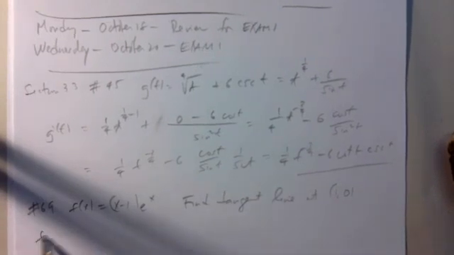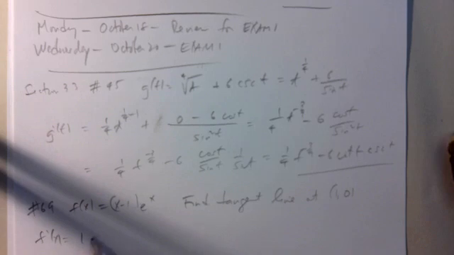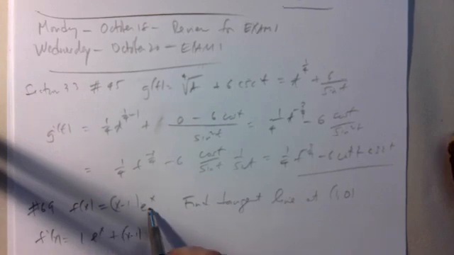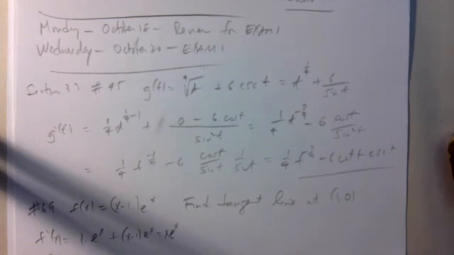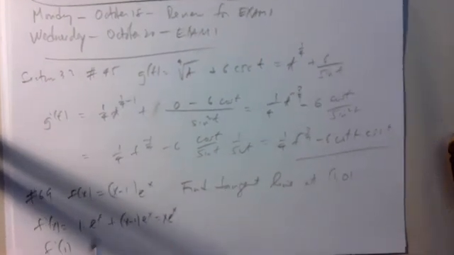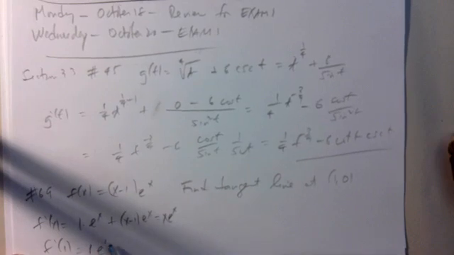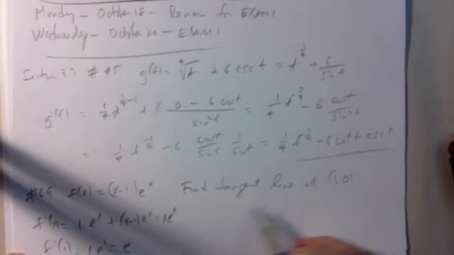So we need to find the derivative of this function. We use the product rule. The derivative of x minus 1 is 1 times e to the x, plus x minus 1 times the derivative of e to the x, which is e to the x. So this is equal to e to the x plus x e to the x minus e to the x. So we're left with just x e to the x. And if we evaluate this at 1, we get 1 times e to the 1, which is e.